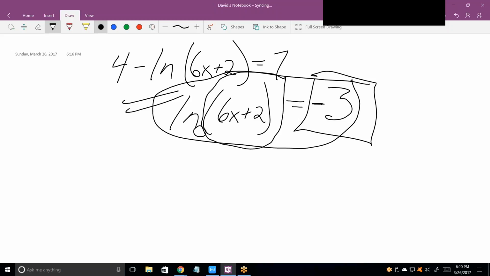So what's this base over here? It's natural log. LOG without a base would be base 10. Natural log is E.